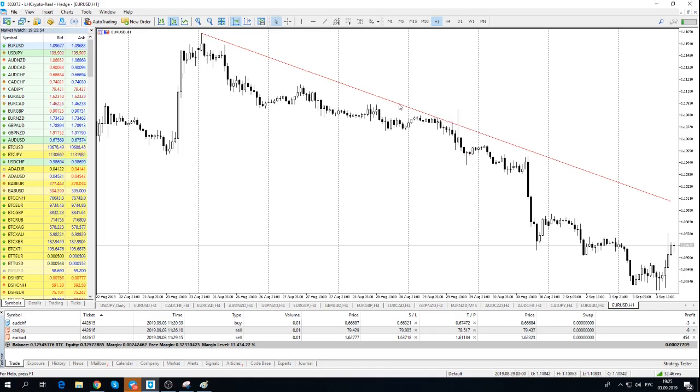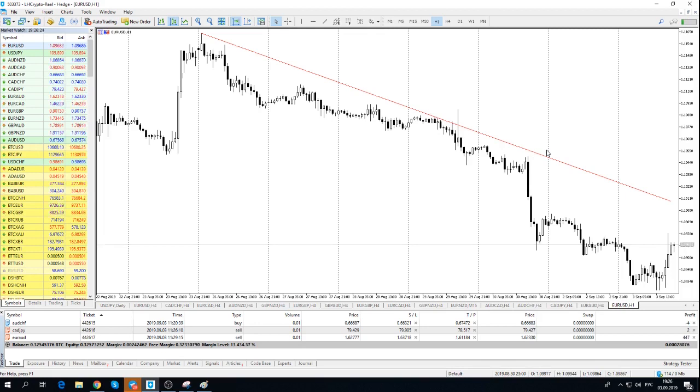That thing starts to be a resistance line. What does resistance line mean? Resistance line means the price doesn't want to go higher than that line. That line actually pushes on the chart, and the chart goes lower and lower.